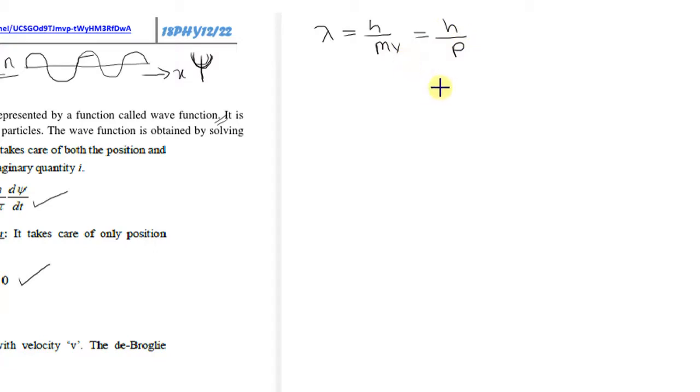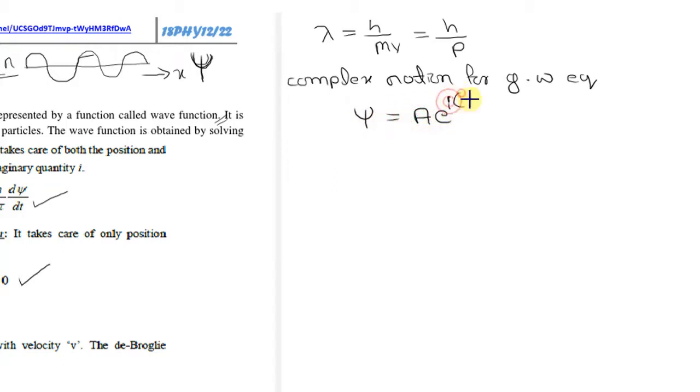Now let us consider complex notation. For the generalized wave equation, we can write the wave function psi equals A into e raised to i (kx minus omega t).